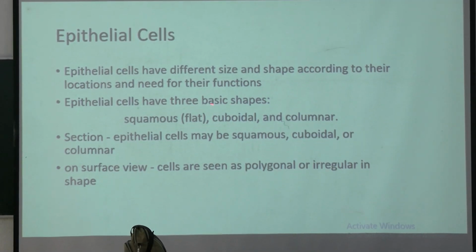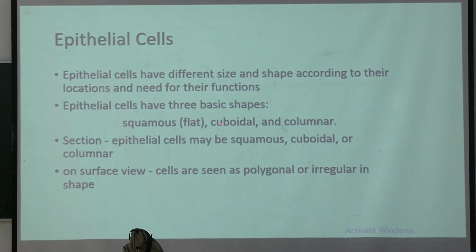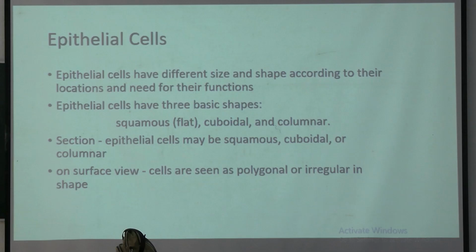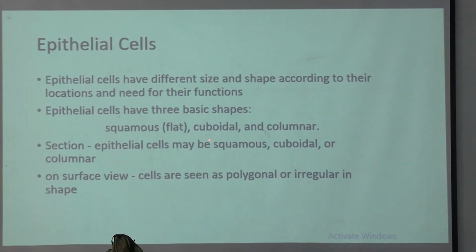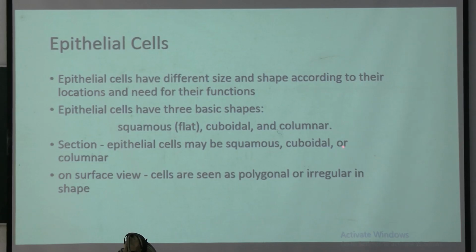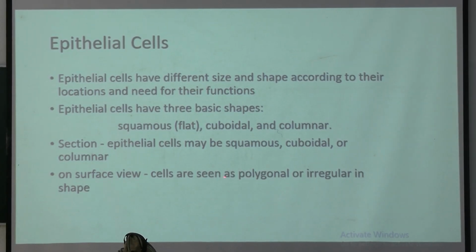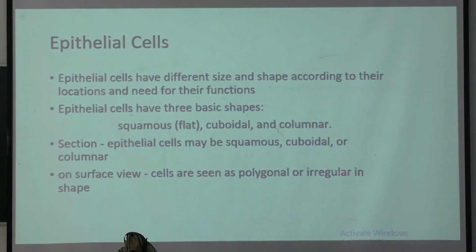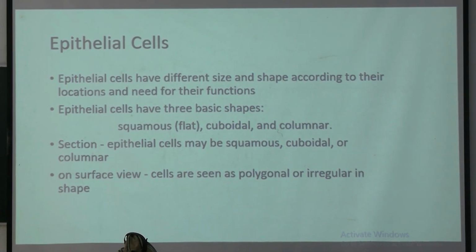The epithelial cells have three basic types: squamous, cuboidal, and columnar. On surface view, cells are seen as polygonal or irregular in shape.